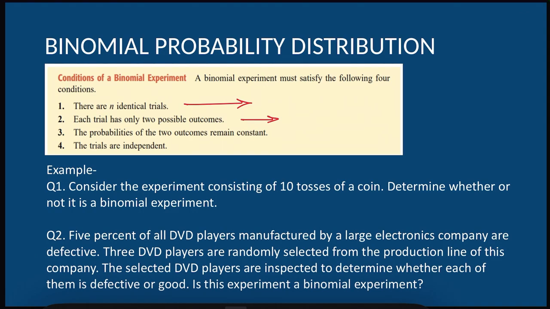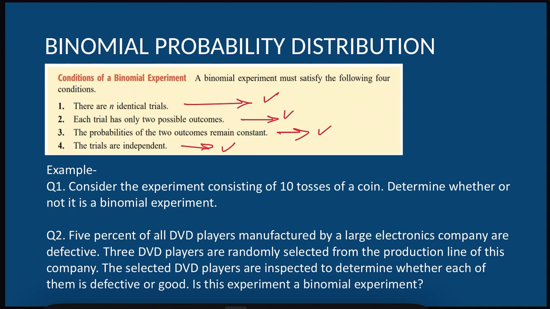While I am conducting the experiment, like tossing a coin 100 times or 1000 times, the probability of head or tail is not going to change, because the trials are independent. That's why they remain constant. So these are the four conditions which need to be checked to see whether the random variable follows a binomial distribution or not.